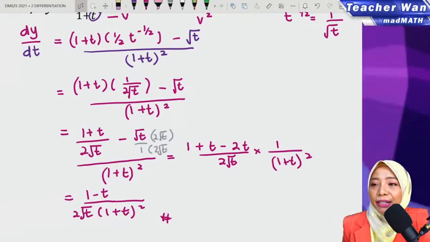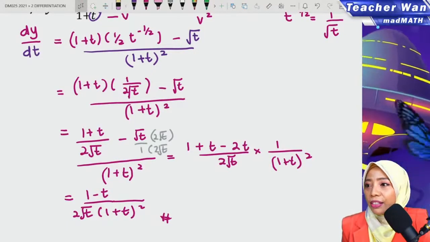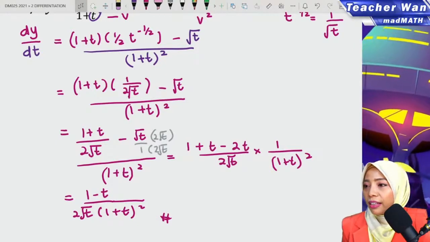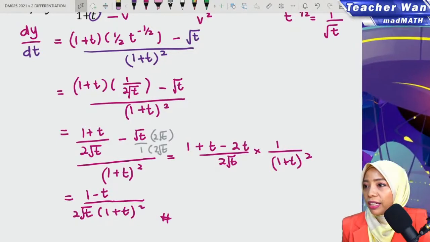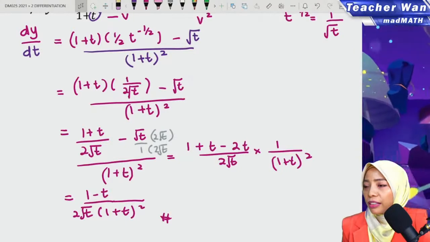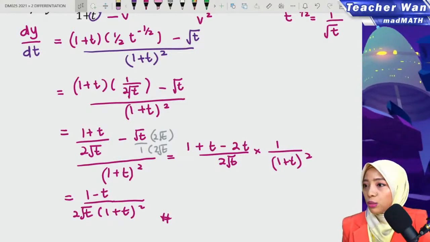Is it clear? Can I read the comment there? Yes, Shafiq bin Muhammad Nordin: 1 minus t over 2 root t.